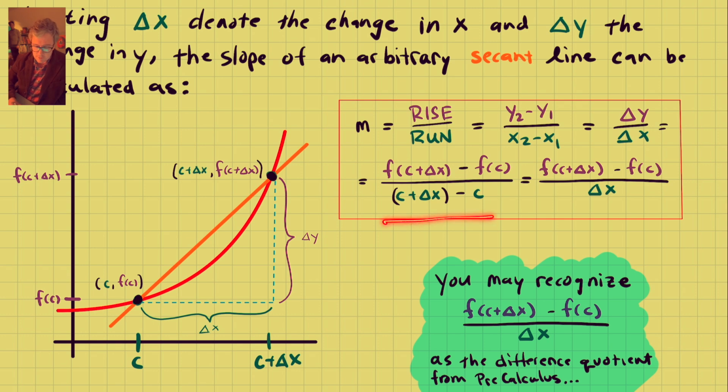Now, when you look at this thing here, you may recognize this if you've taken pre-calculus. It comes up in pre-calculus, and it just kind of comes out of nowhere. You do a few things with it, and then it disappears. This is what they call the difference quotient in pre-calculus: f of c plus delta x minus f of c, divided by delta x.